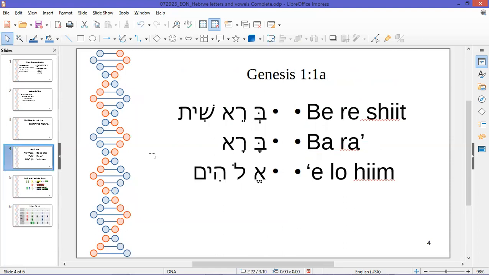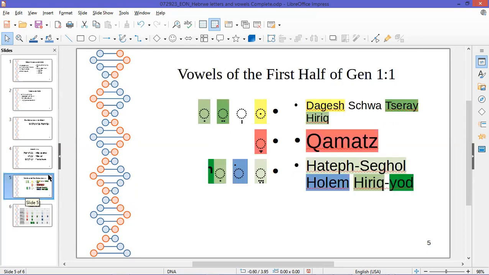Let's see, beret. Under this resh, under this letter, this is representing that circle that we see over on the next slide. These two dots right here, it's called sere, okay? And it makes the S sound.